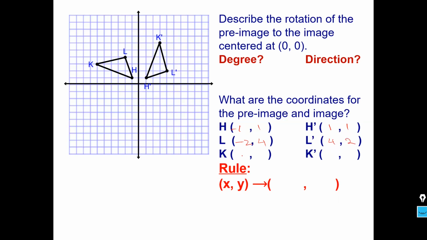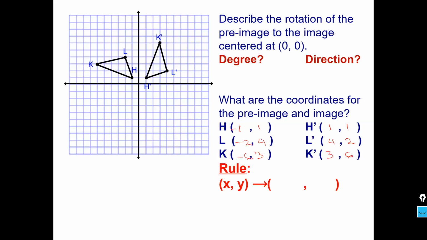Here K is 1, 2, 1, 2, 3, 4, 5, 6. X is -6 and Y is 3. So here K has become 3 and then the y-axis is 6 only.